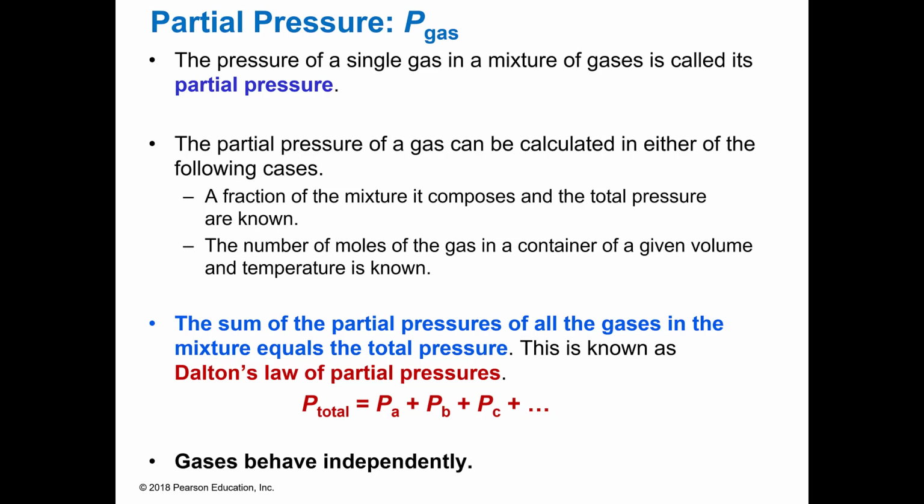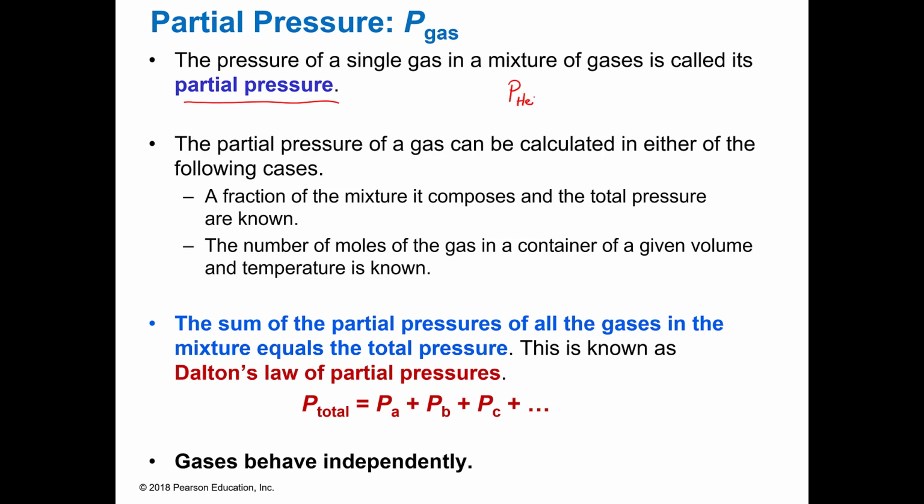When we talk about the pressure of a gas in a mixture, it's a partial pressure. The pressure of a single gas in a mixture is its partial pressure, and we write that as P and then a subscript for whatever gas it is.